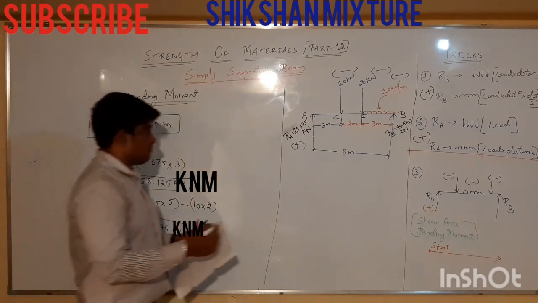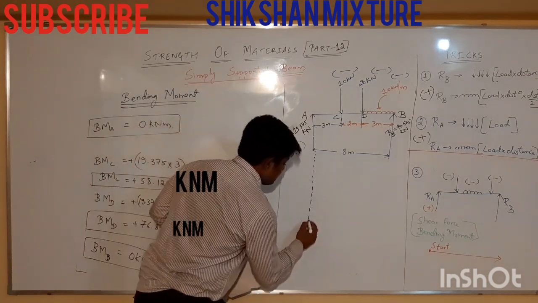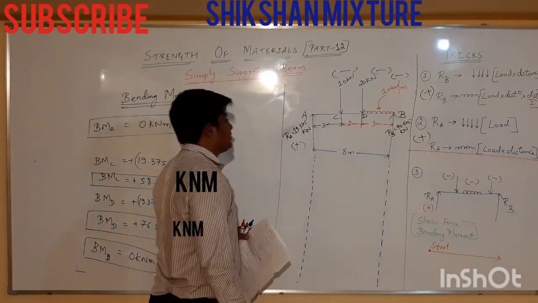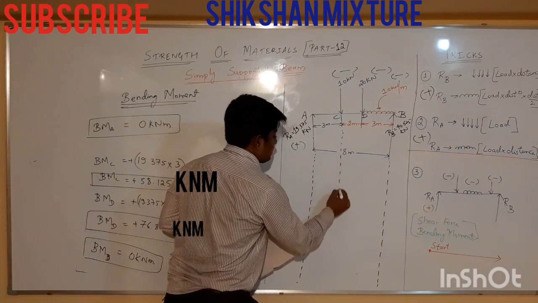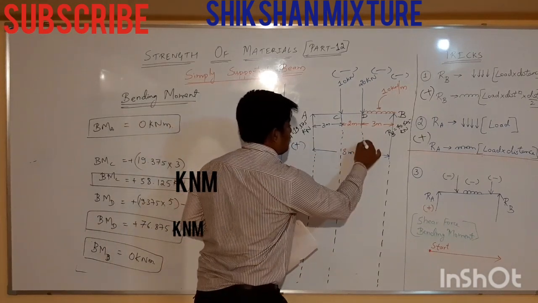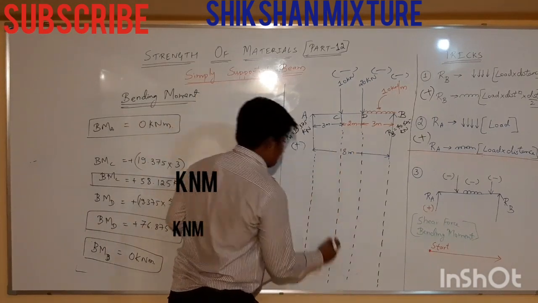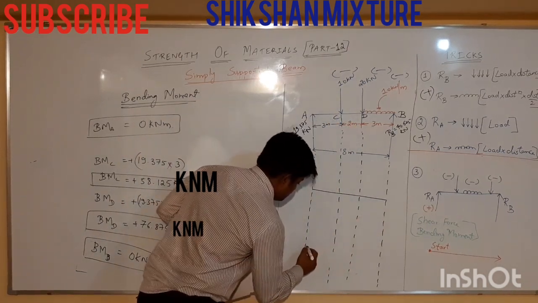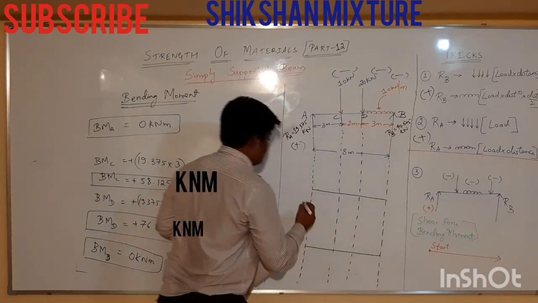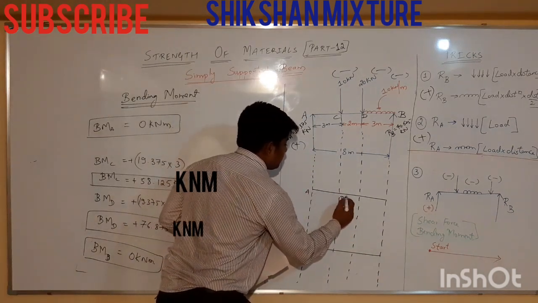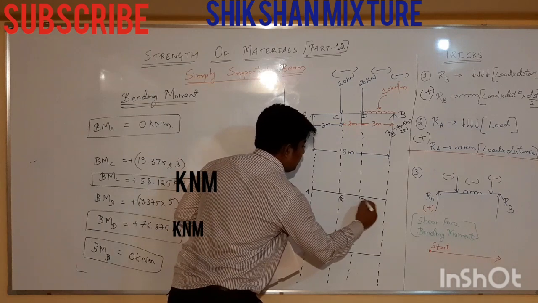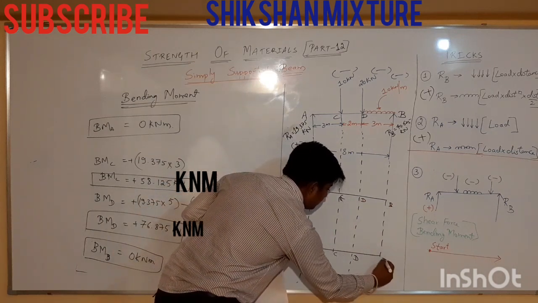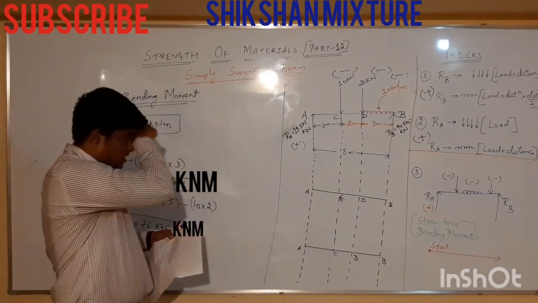Let us draw the SFD and BMD, that is the shear force and bending moment diagram. The values: this will be A, C, D and B. And mark it.